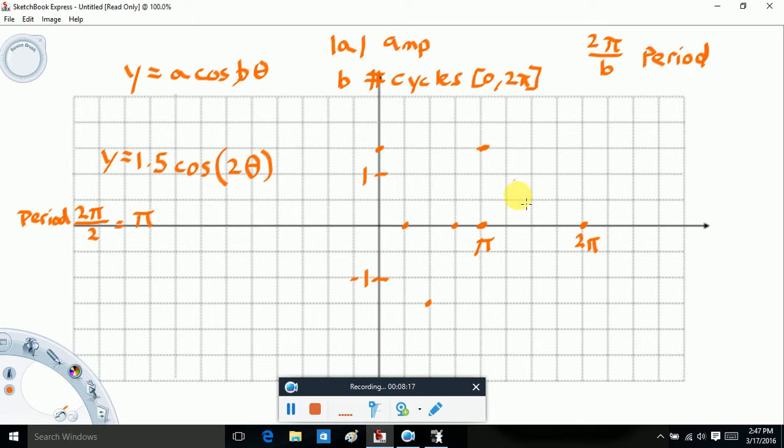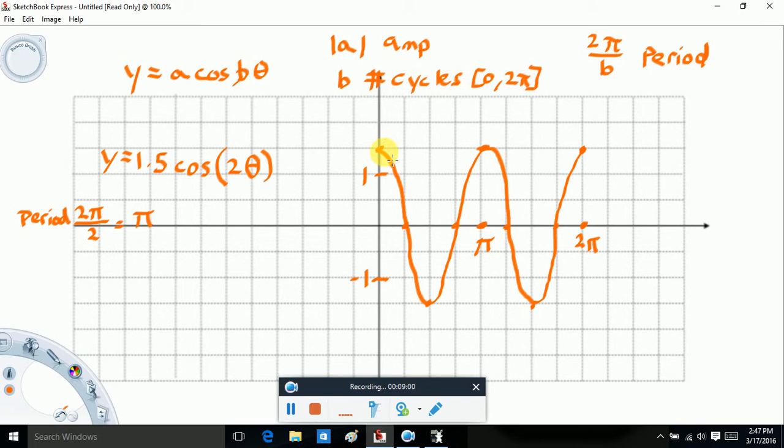So again, we repeat the same cycle here. And then we connect it. It's kind of a roller coaster ride here. Okay, so we sketched the graph of 1.5 cosine of 2 theta.